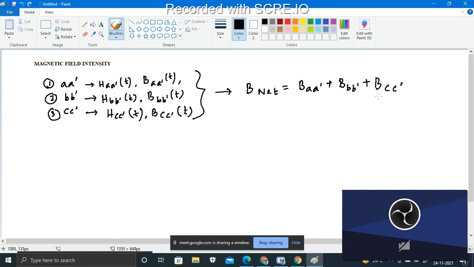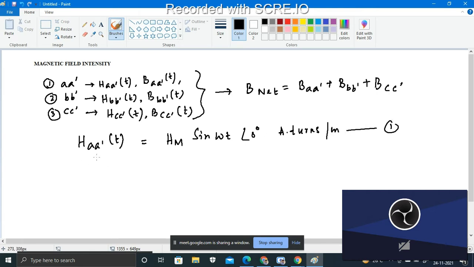In the previous lecture we found the A dash. H of A dash t is equal to H M sine of omega t at an angle of 0 degrees, in ampere turns per meter.